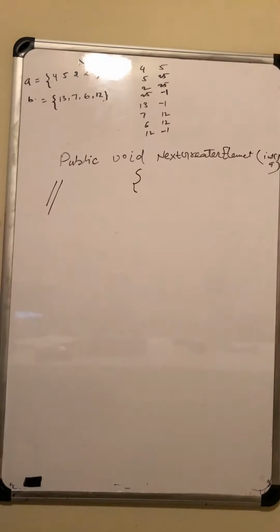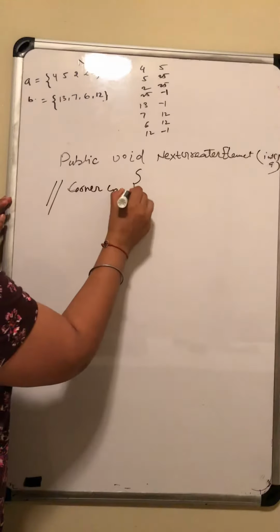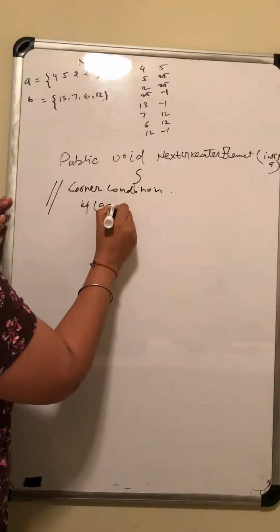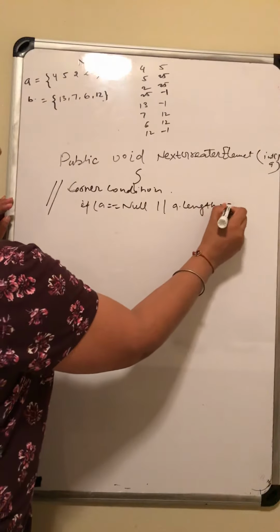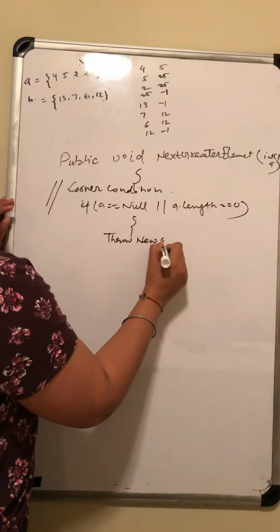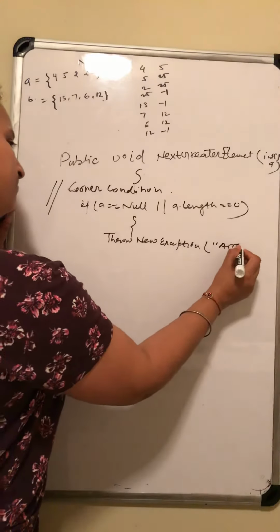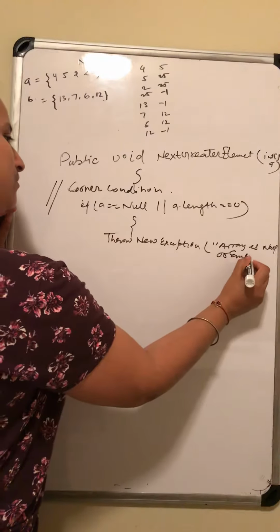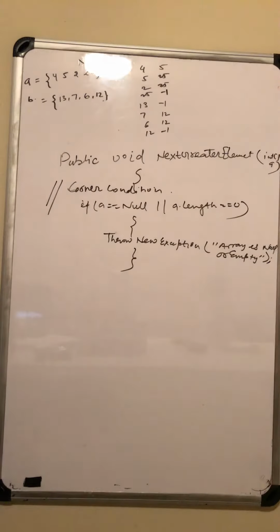First I will take the corner condition: if a is equal to null or a.length is equal to 0, I will throw a new exception, "Array is null or empty".